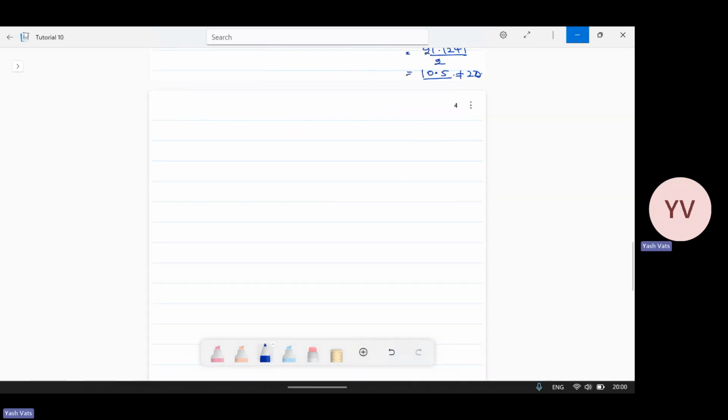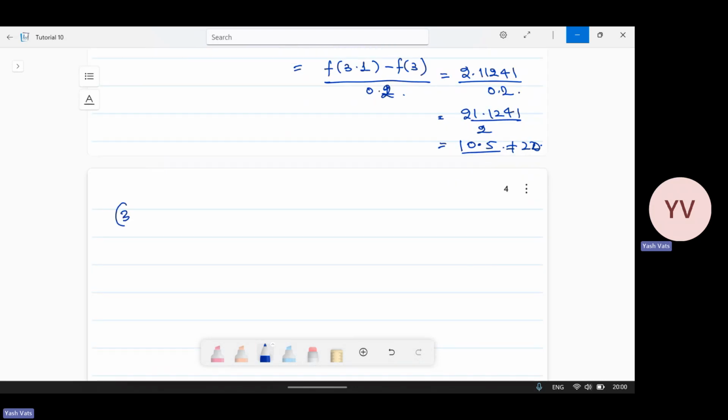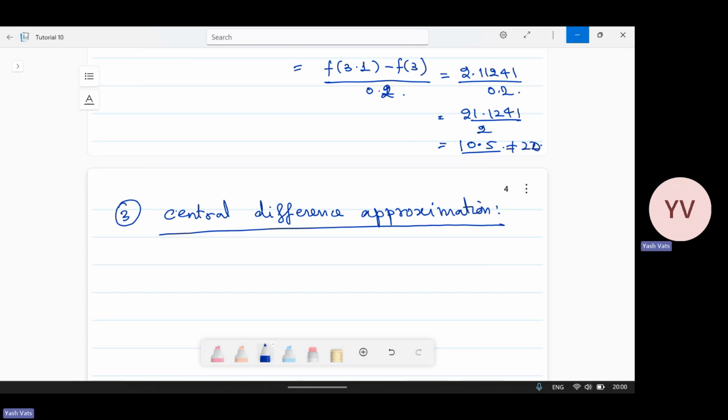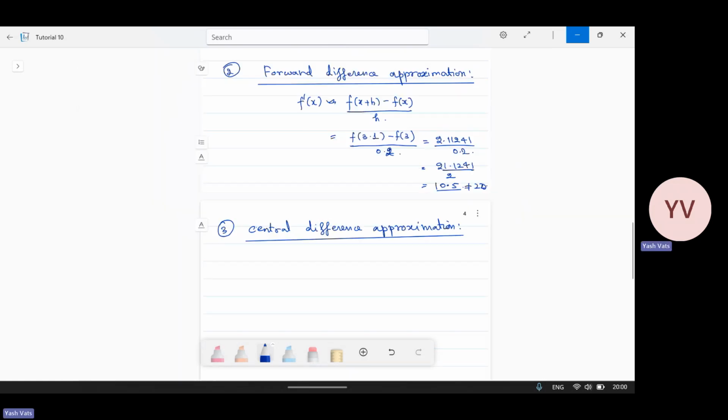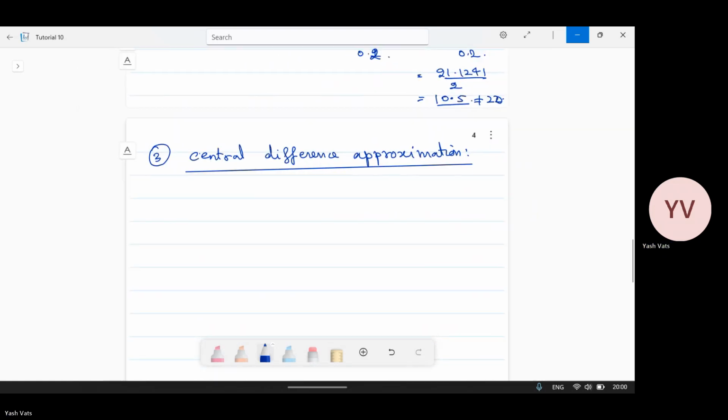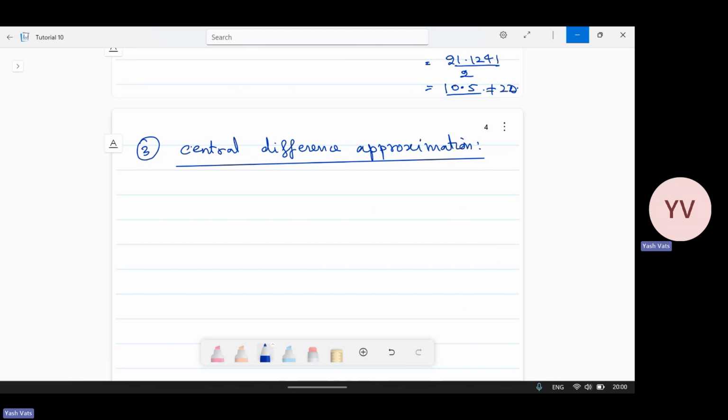So we are only left with another approximation because in the options it is given central difference. So what we have to do in this? You know the formula for that. What is the formula for central difference approximation? Do you remember by heart?